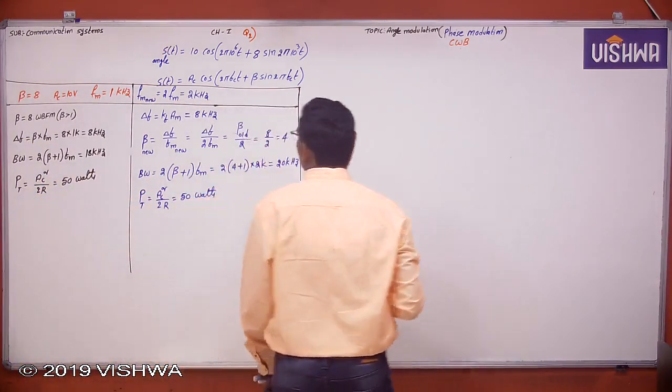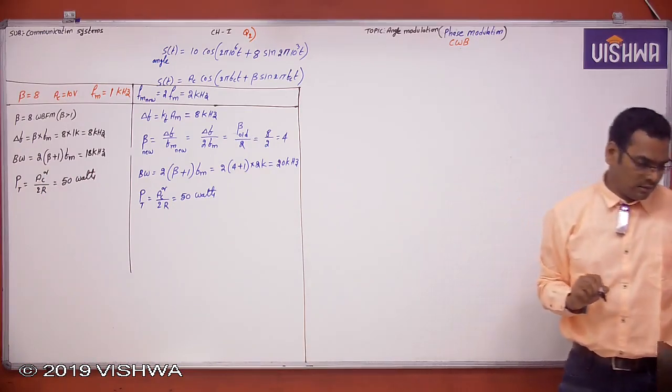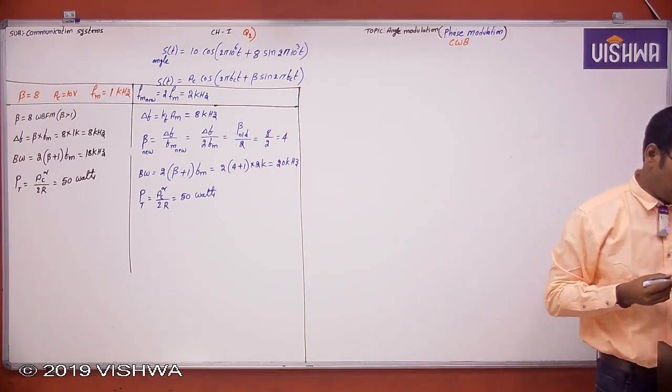Now this is all calculations when the message signal frequency is doubled.